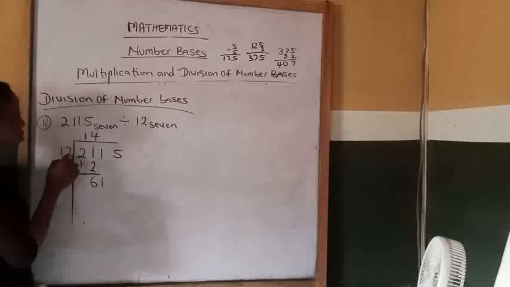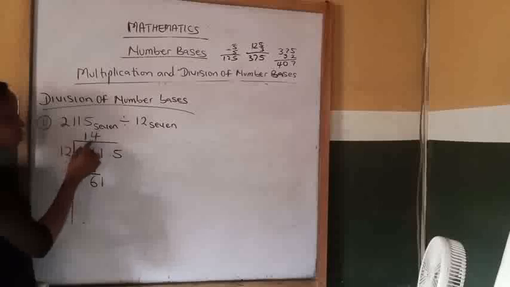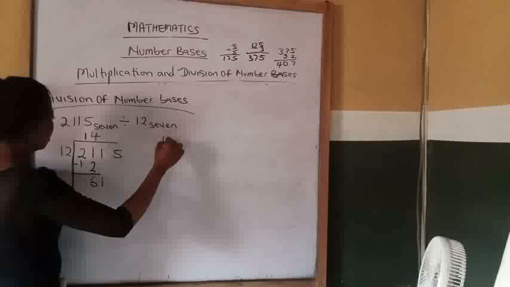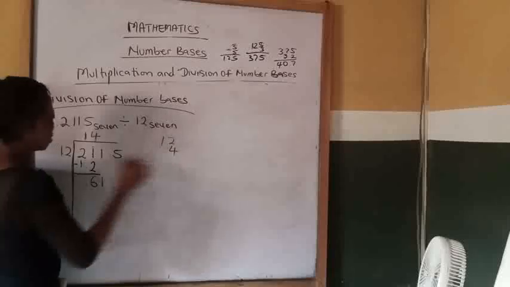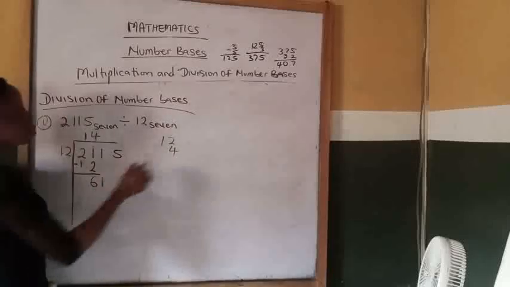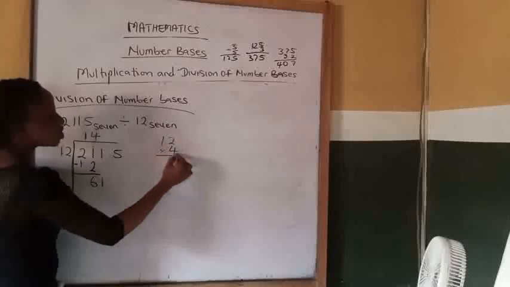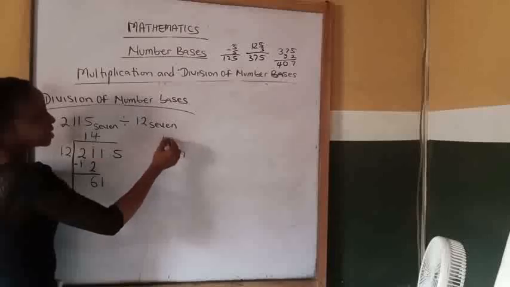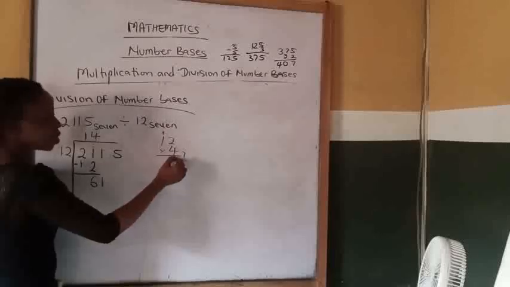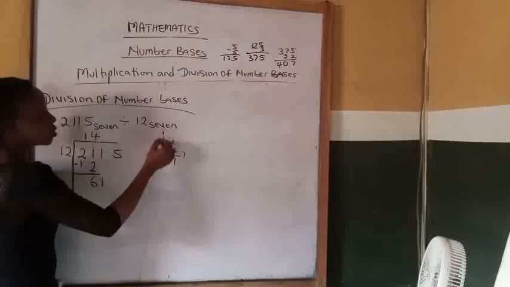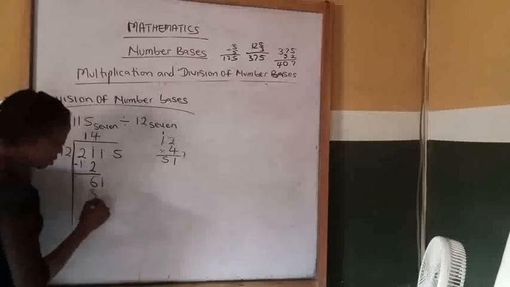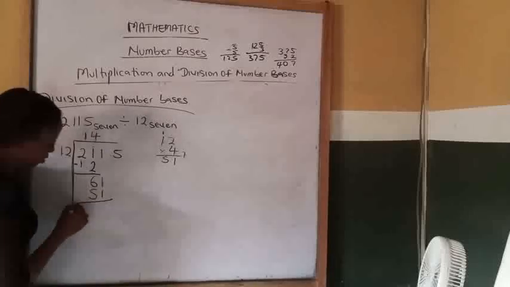Let's do it separately: 12 times 4. 4 times 2 is 8, which is more than my base 7. So how many 7 can I get in 8? Is 1, remainder 1. So 4 times 1, 4, plus 1, 5. So it will be 51. So bring 51 down and subtract.